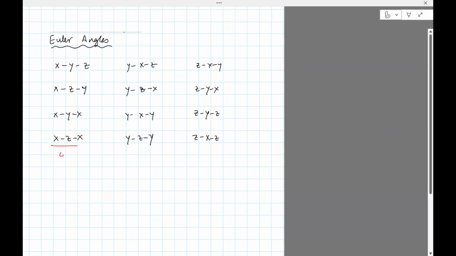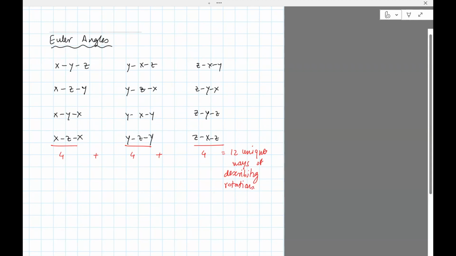So these are 4, 4, and 4. And so if you add all of them up, there are 12 unique ways of describing rotations.